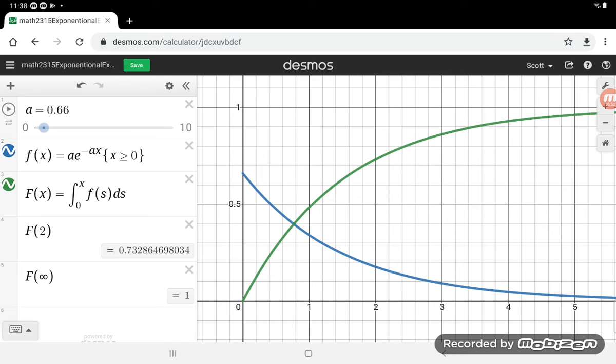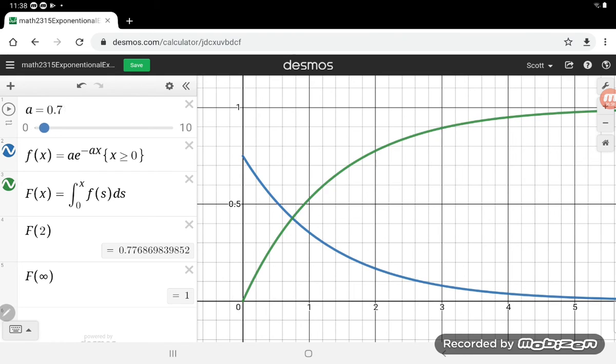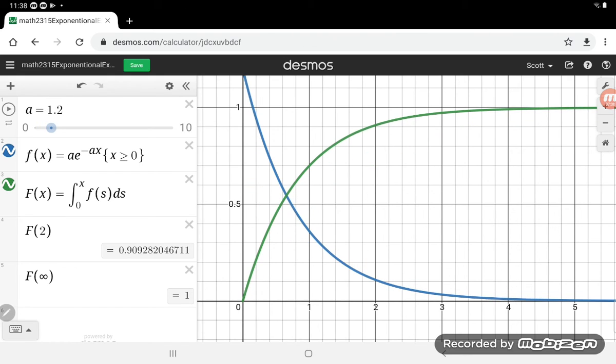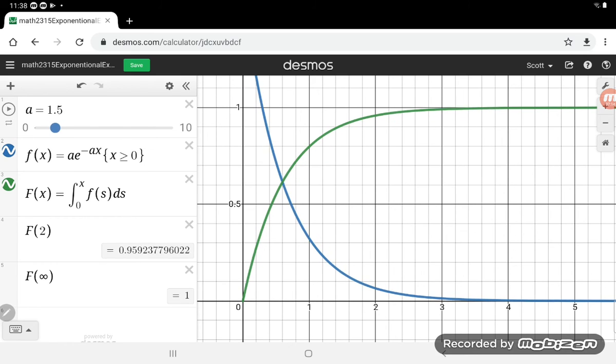I did F of 2 and got 0.73. Now that, of course, will change with a. If I make that up to 1.2, it's 0.9. And F at infinity is 1. Now I did find that as I changed a, you got round-off error at times, and that 1 changed to 0.99 something.